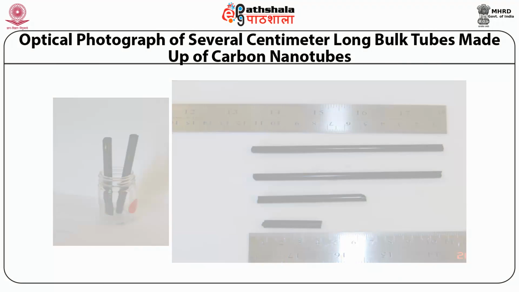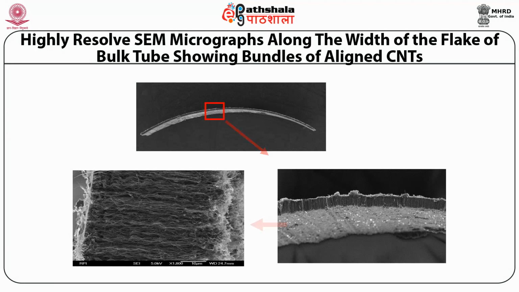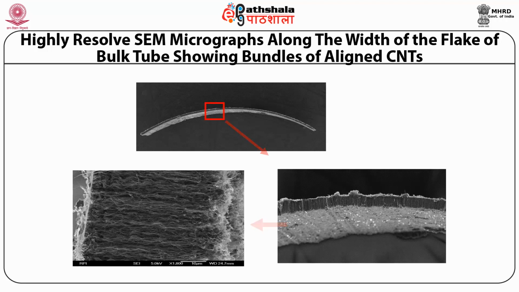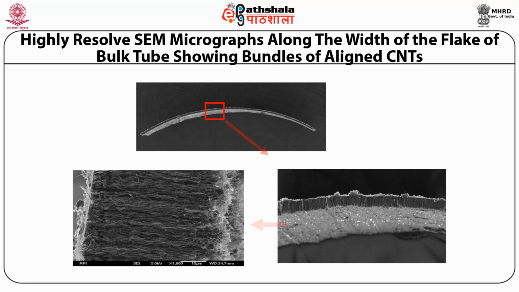You can see the radial alignment of the carbon nanotubes. We break this tube and put it in the microscope, and we have seen that our nanotubes are aligned radially along the thickness of the bulk tube. This jungle of bundles of nanotubes is of very good quality.